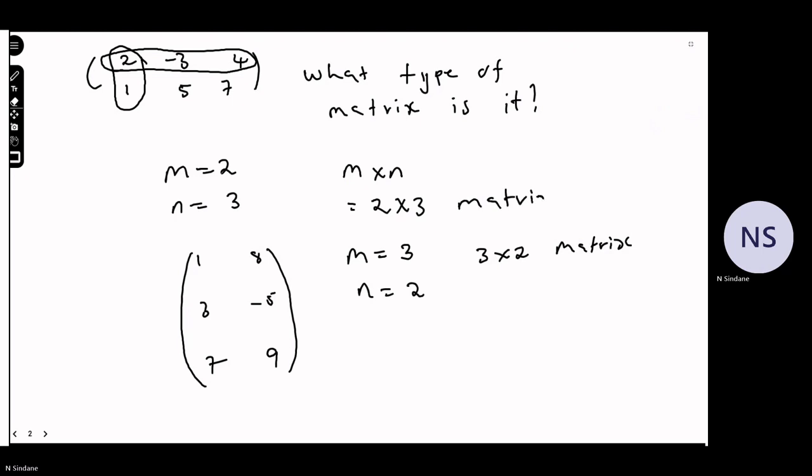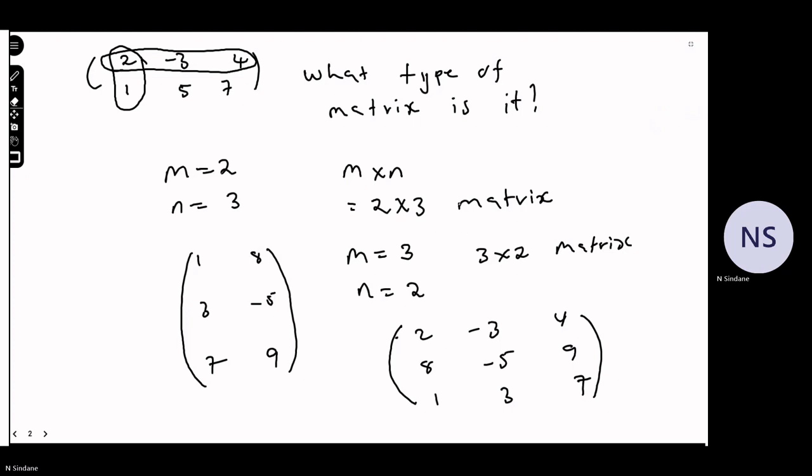Right? Let's get another example. You're given 2, -3, 4, 8, -5, 9, and 1, 3, 7. What type of matrix is this?